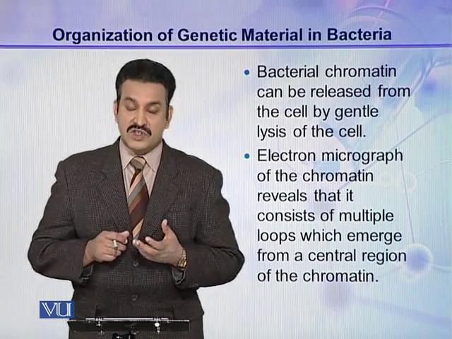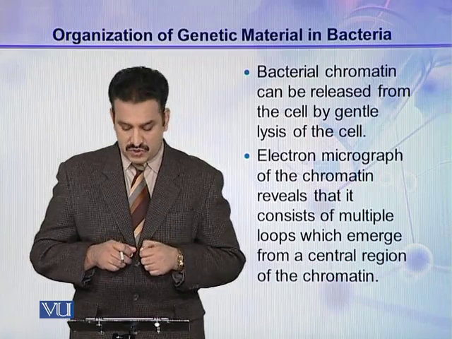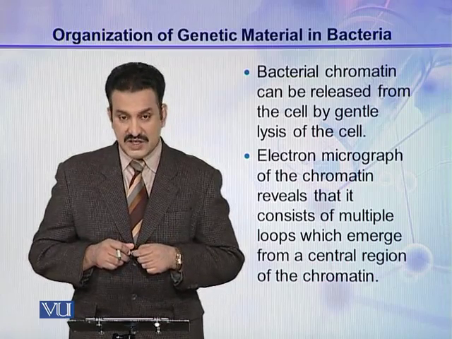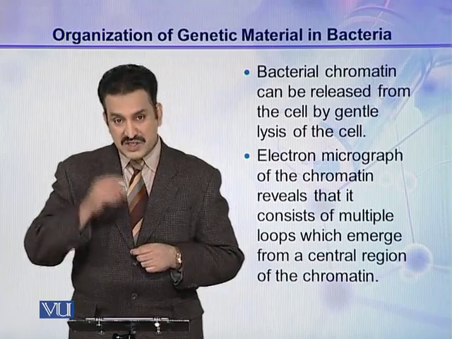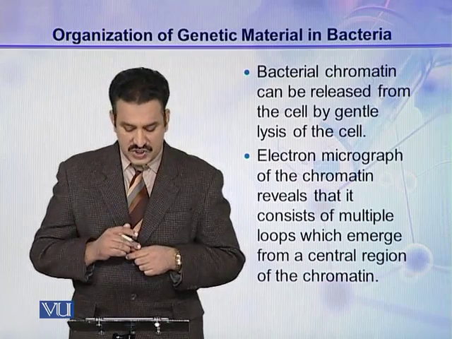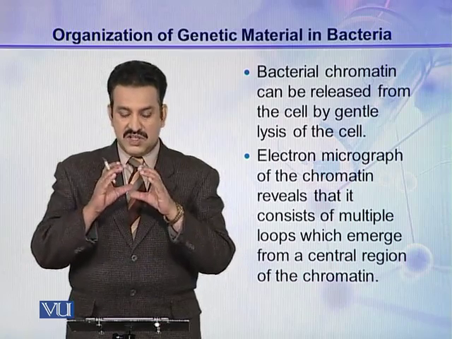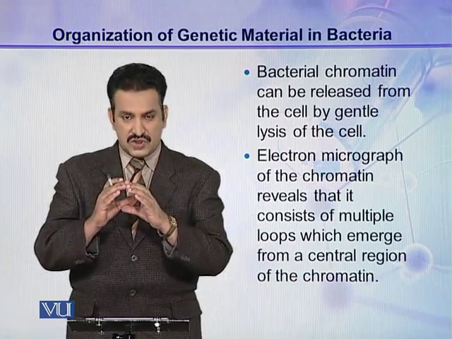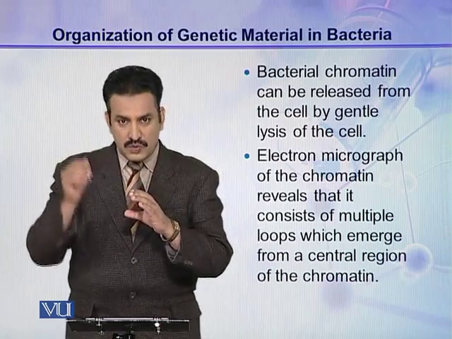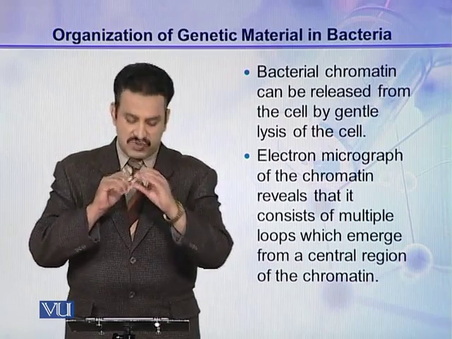If we see it under the electron microscope, it reveals that it consists of multiple loops which emerge from a central region of the chromatin. So there is a central region in this chromatin, and many loops emerge from this central region.